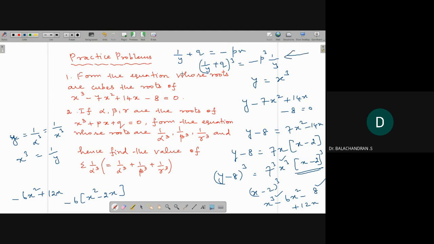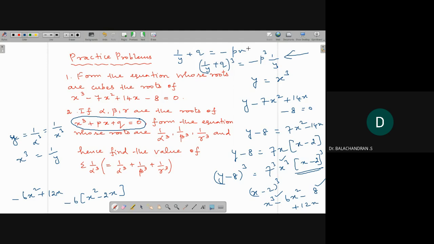Okay. So I need the answer in terms of y. The first step is y equal to 1 by x cube. From this x cube, I got 1 by y. So I'm substituting x cube equal to 1 by y in this equation. So that is 1 by y plus q is equal to minus px.